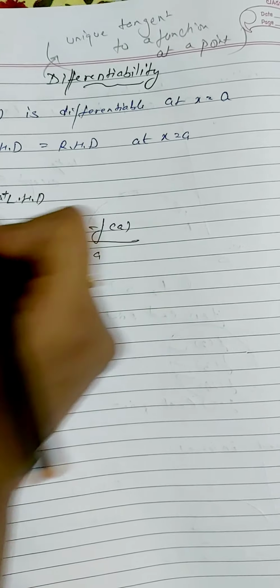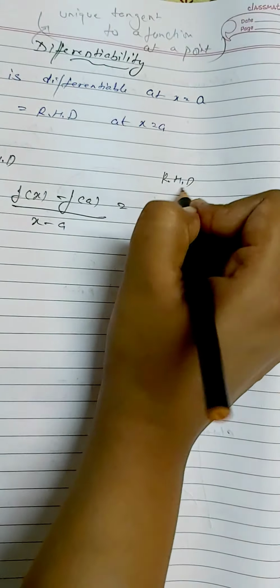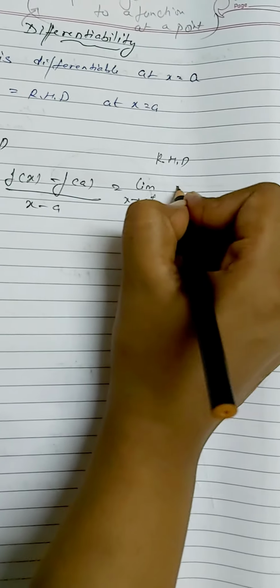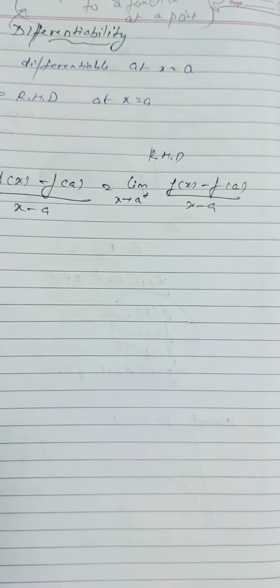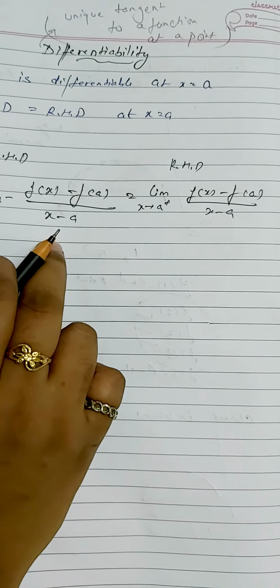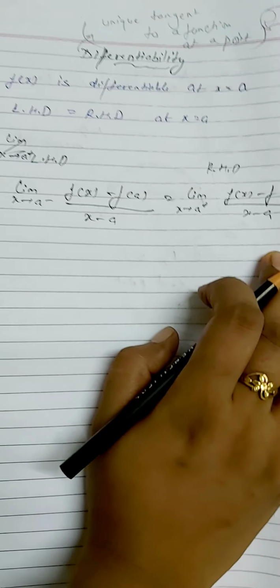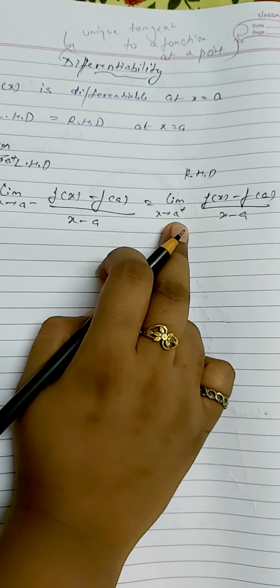It is equal to my right hand derivative, that is limit x tends to a plus of (f(x) minus f(a)) divided by (x minus a). Same expression, but the interval is left hand and right hand.